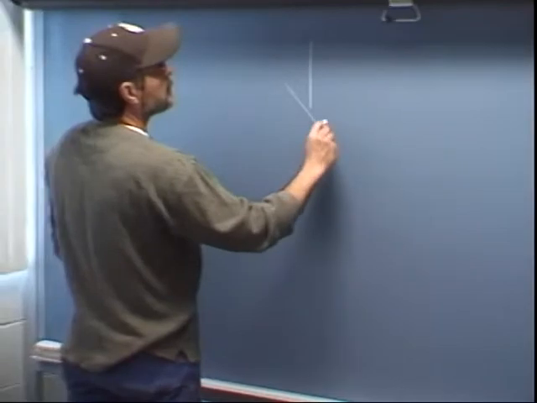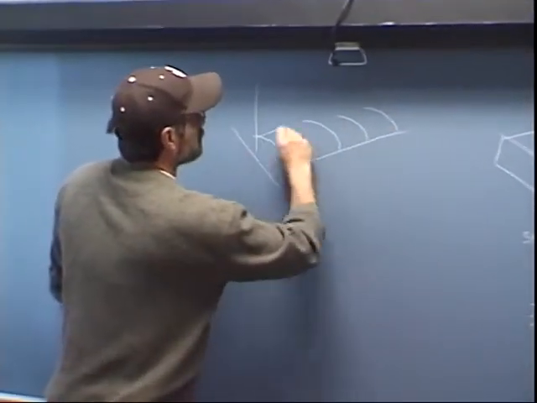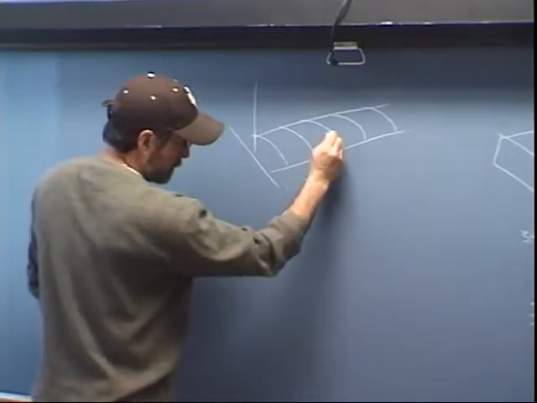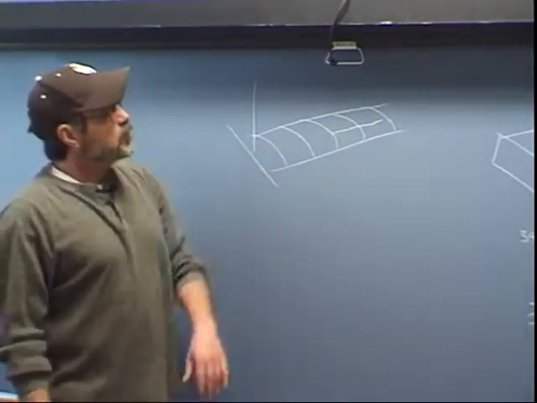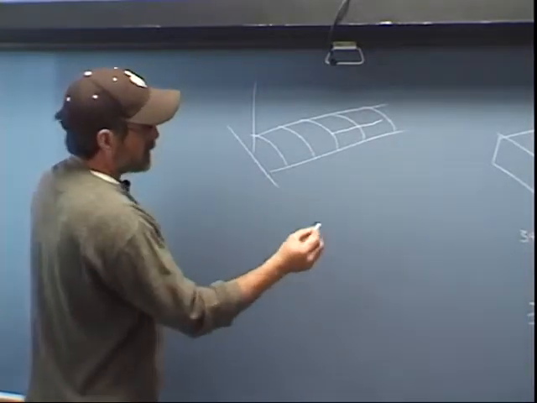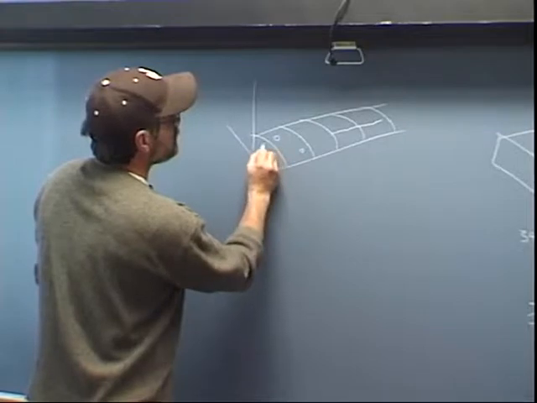So if we've got a weld, say a fillet weld, and we have a crack running down the middle, that's going to be a much more severe discontinuity than some porosity, especially if it's subsurface porosity.